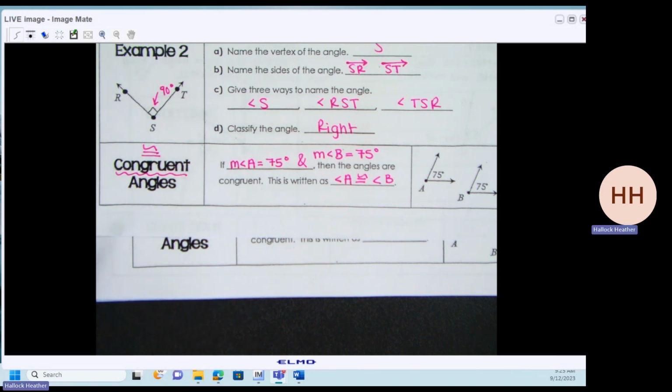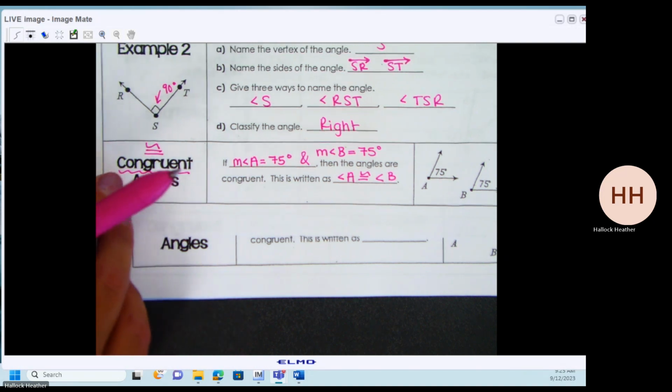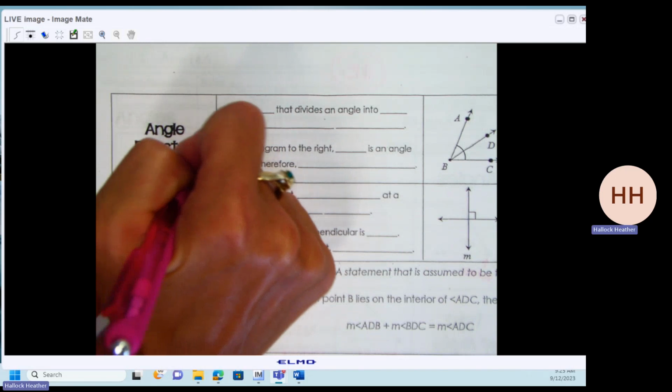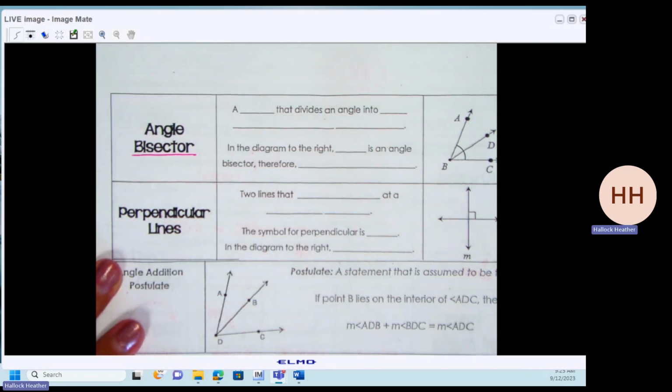So on the back side, an angle bisector is splitting an angle perfectly in half. So it's making 2 congruent pieces.